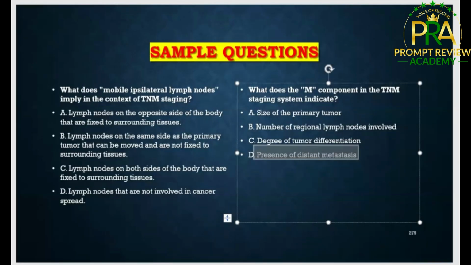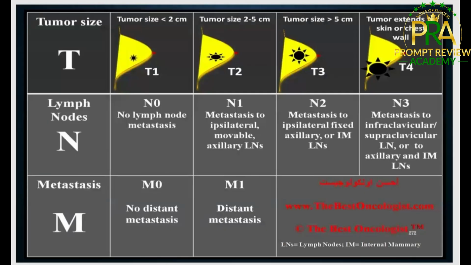What does mobile ipsilateral lymph node imply? So mobile ipsilateral, that is N1. N2 is ipsilateral fixed.